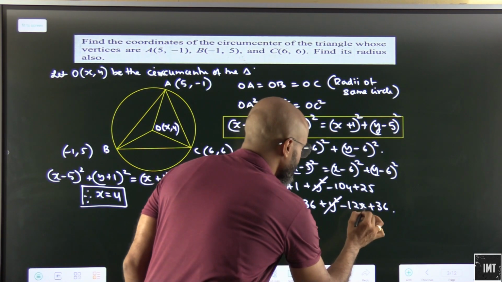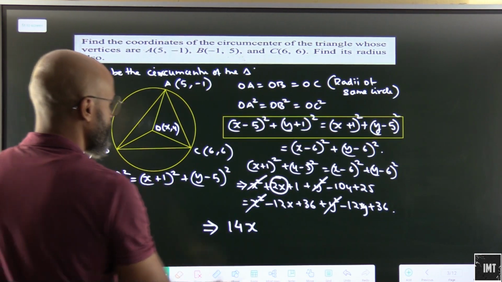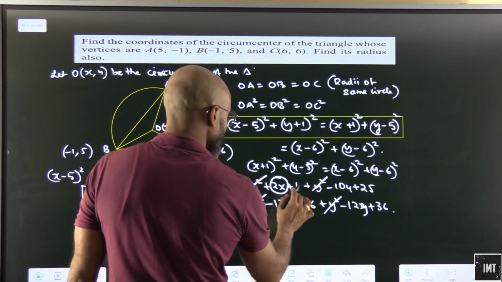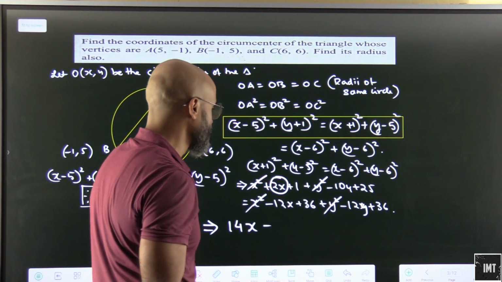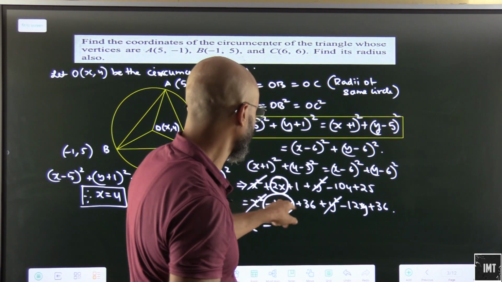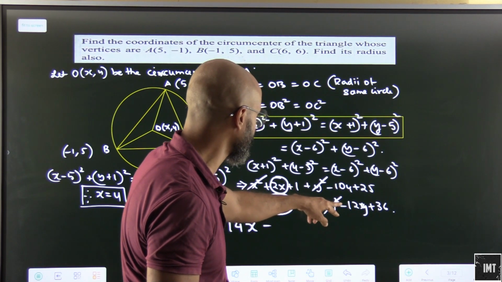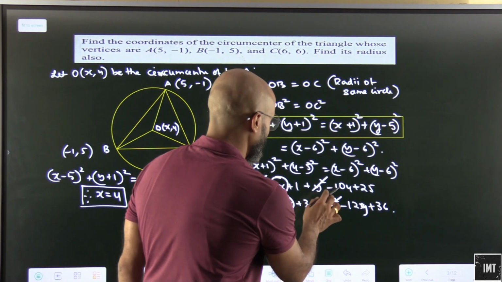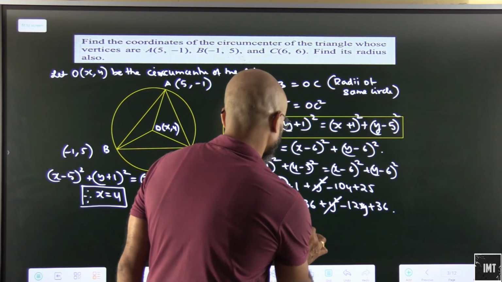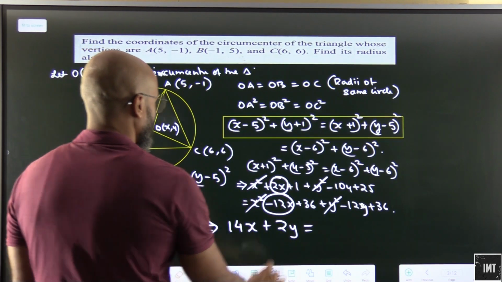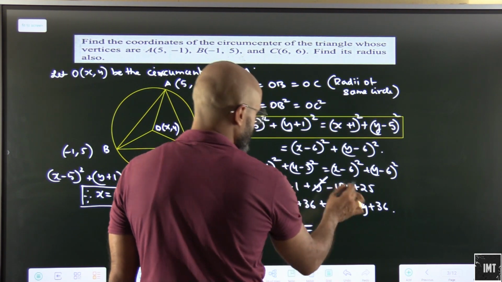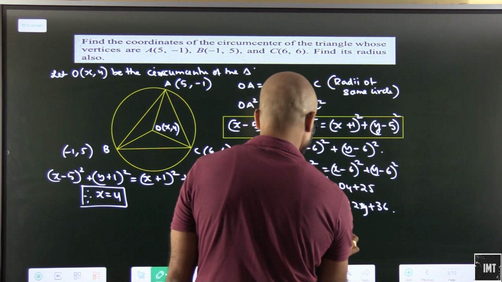2x plus 12x, that is 14x, and then we have minus 10y plus 12y, that is plus 2y, is equal to 25 plus 1, that is 26, 36 plus 36 minus 26, that is 46.